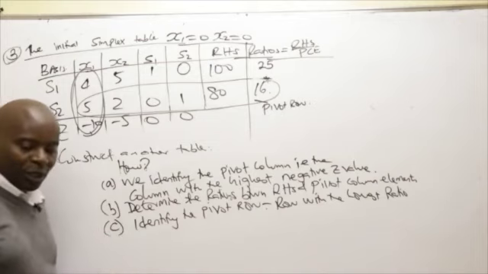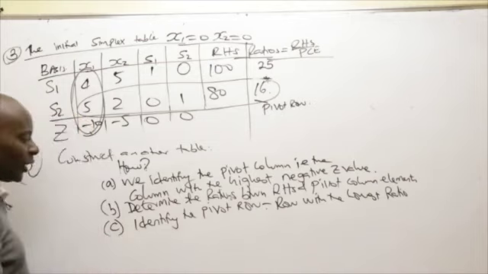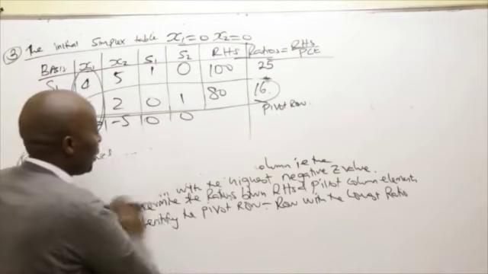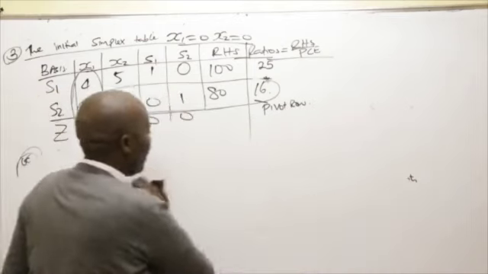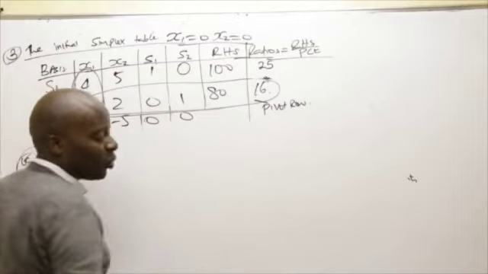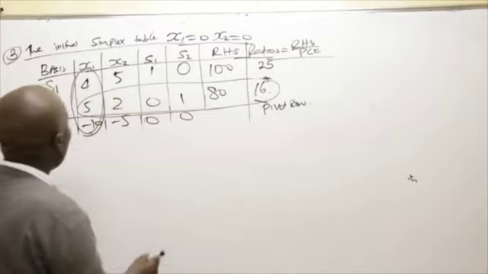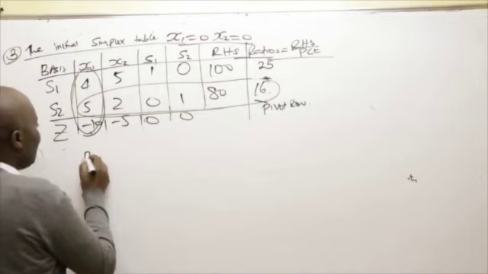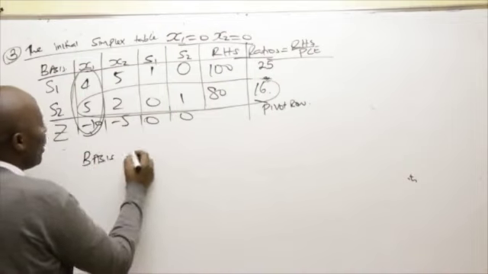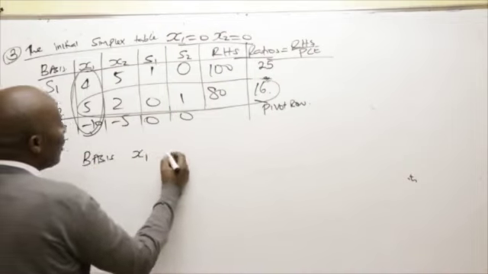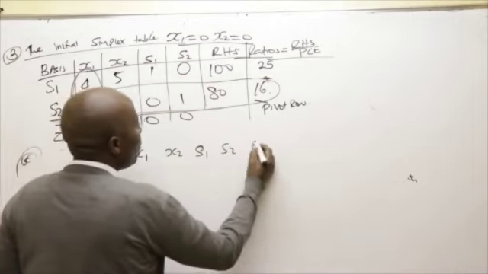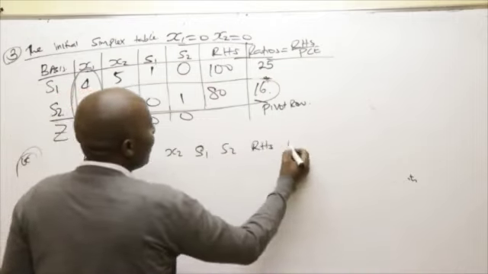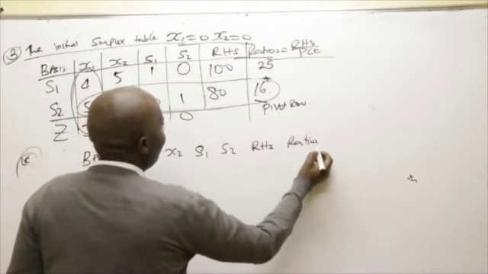Thank you very much. Now let us draw this table together. It's quite interesting, quite easy. So we have our new table here. We'll have the same headings: basis, X1, X2, S1, S2, right-hand side, and then we have the ratios.